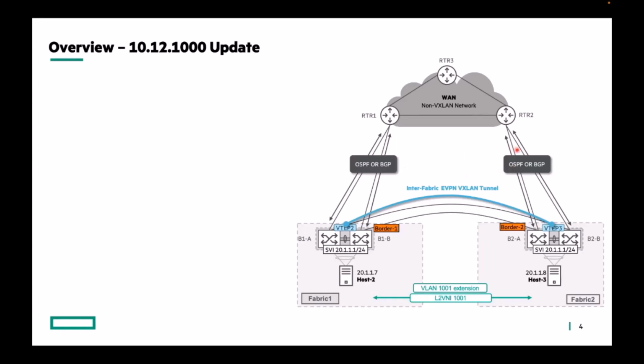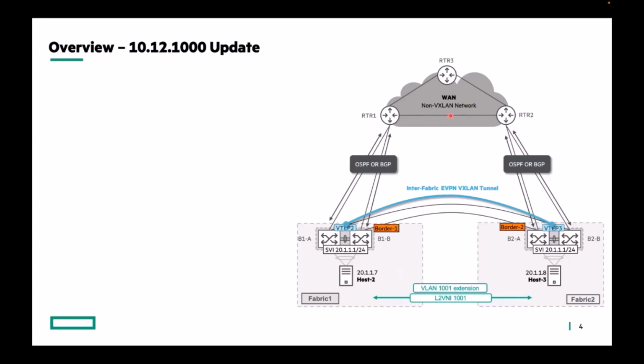On the other side, you have WAN router 2, which would be connecting to a border VTEP of Fabric 2. You will find these WAN routers having multiple other routers connecting to the internet or the WAN, but they are on a non-VXLAN network. So this is the glimpse of the upcoming topology on this particular slide.